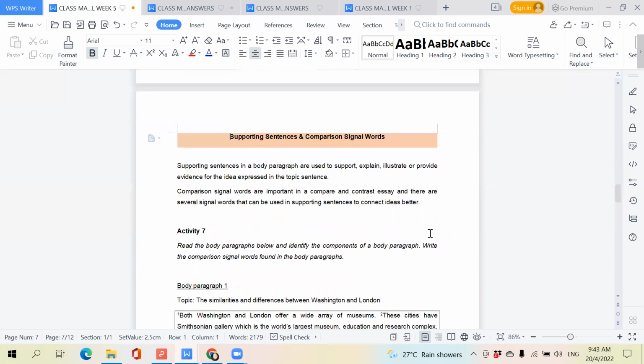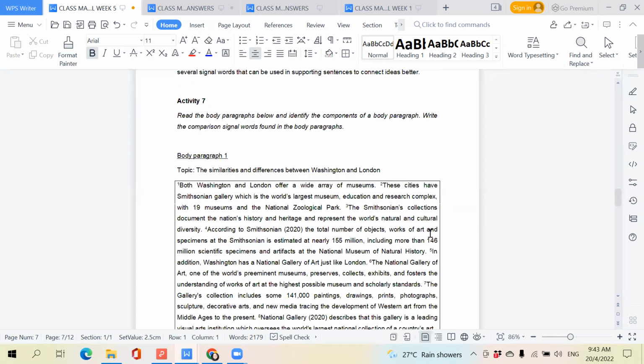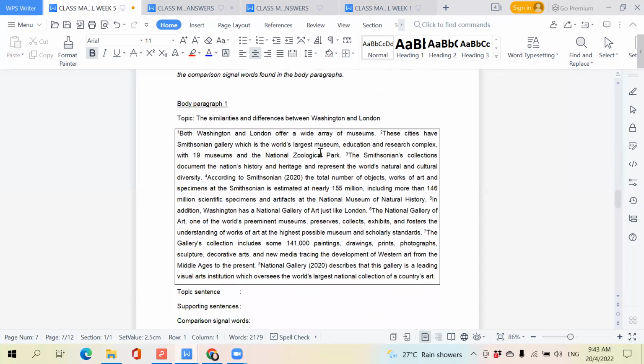All right. Okay, next. Now let's look at activity 7. It wants you to read the body paragraphs below and identify the components of a body paragraph. Okay, and then identify also the comparison signal words found in the body paragraphs. Okay, so this is body paragraph number 1. So where is the topic sentence? Where are the supporting sentences? And which ones are the comparison signal words?